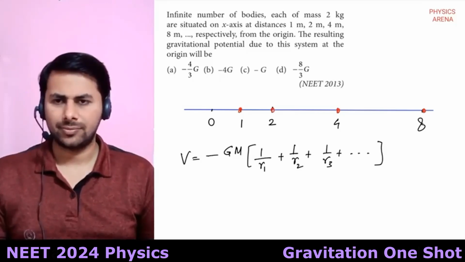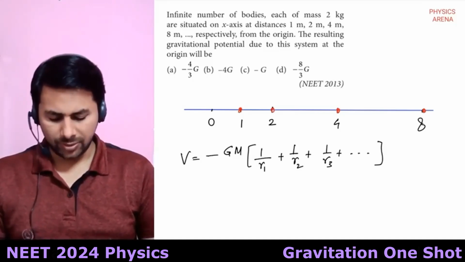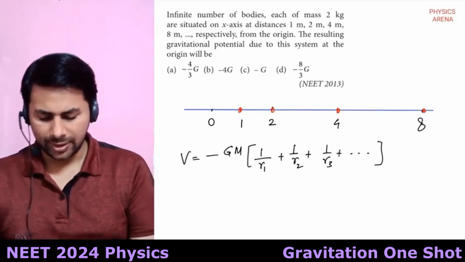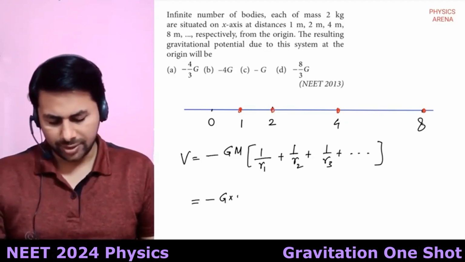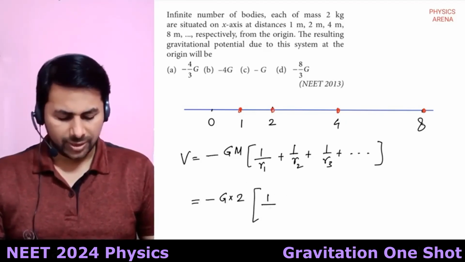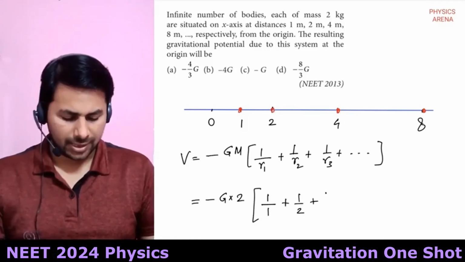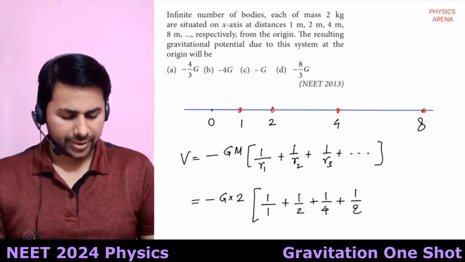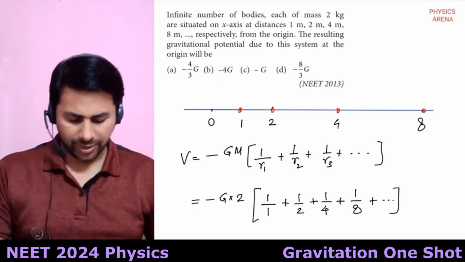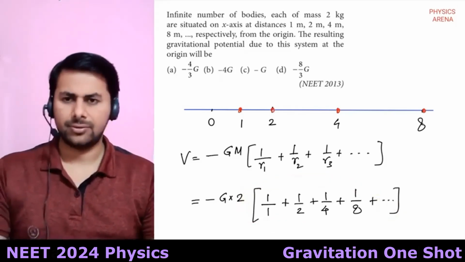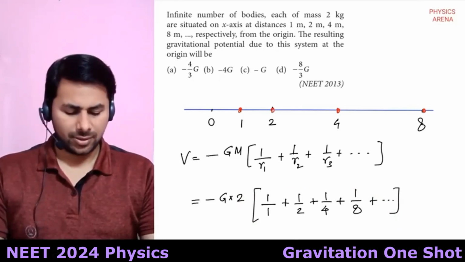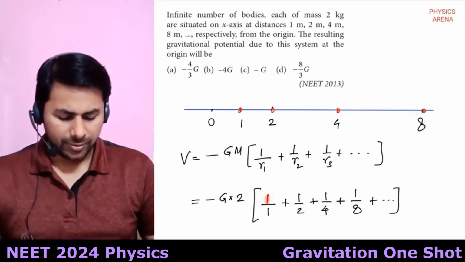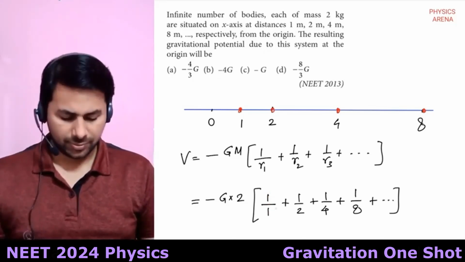Okay, r1, r2, r3 will be 1 meter, 2 meter, 4 meter, etc. So that is minus of G multiplied by mass 2, and how much is r1? 1, r2 is 2, r3 is 4, r4 is 8. Can you guess what is this thing? 1 by 2. Okay, so ratio is 1 by 2, right?